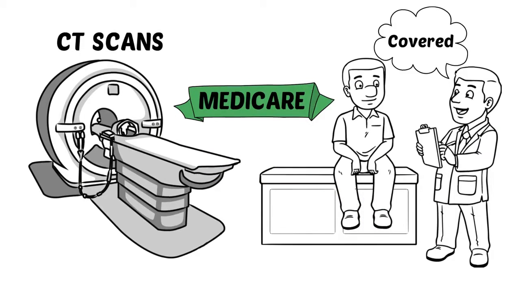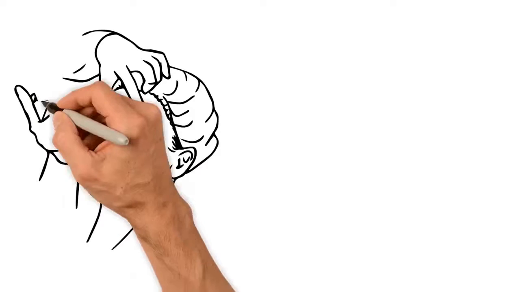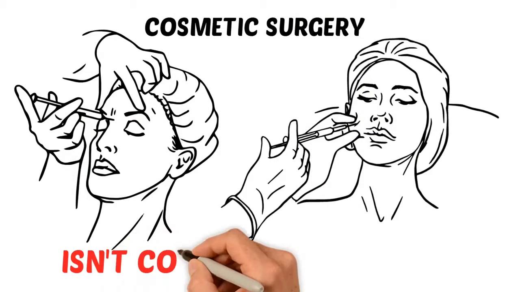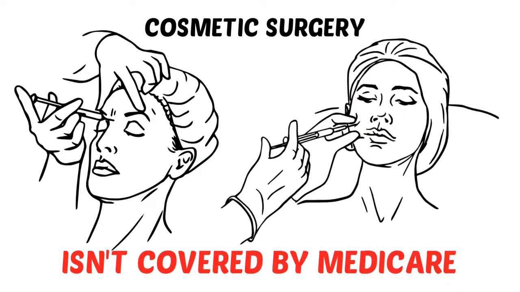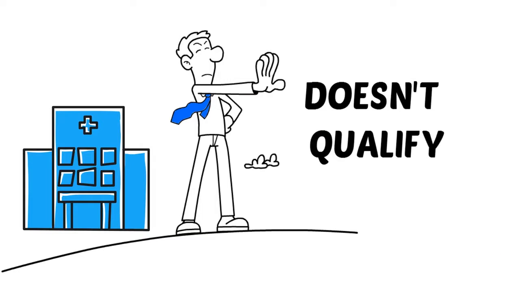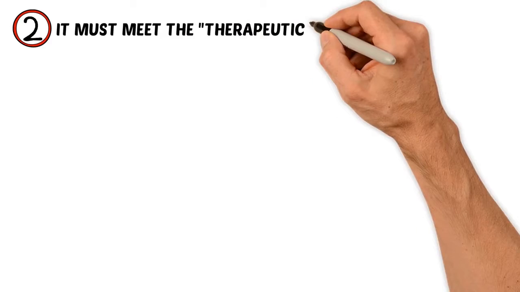An example of something that would not fall within a Medicare benefit category is cosmetic surgery. Because Medicare does not pay for cosmetic surgery, a study investigating the effects of cosmetic surgery would not be a qualifying clinical trial.